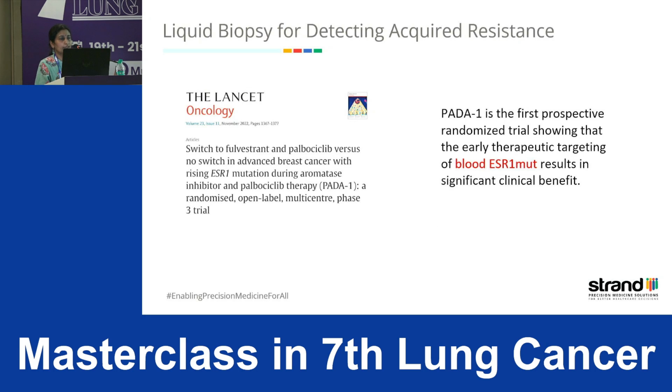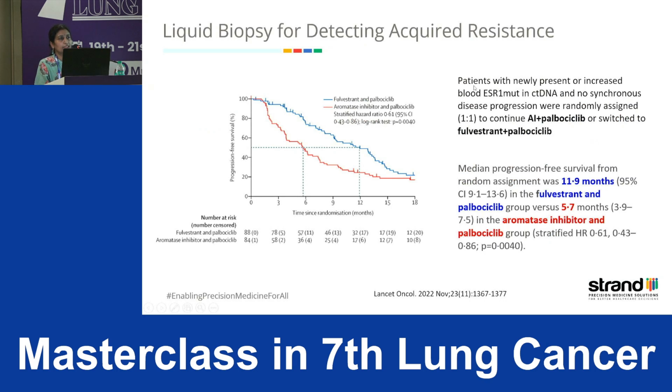But it's worthwhile examining this in some patients. So just a couple of slides which are not for lung. The reason I've put this one is because it's an approval which has come only because of blood estrogen receptor mutants. This was a trial which showed that even though you didn't have any radiological recurrence, it's only on the presence of blood estrogen receptor mutants that there was a switch in therapy, and you actually saw a difference in outcome.